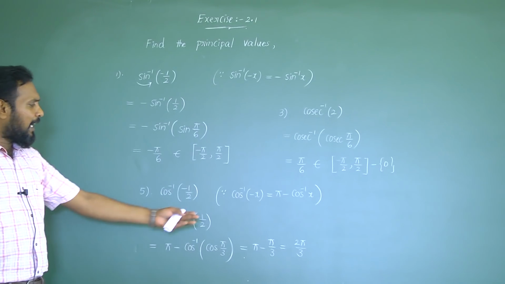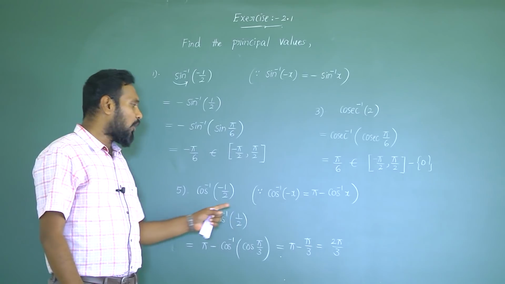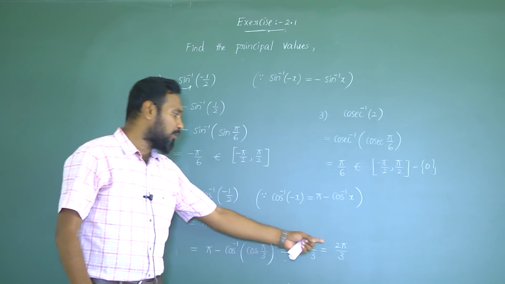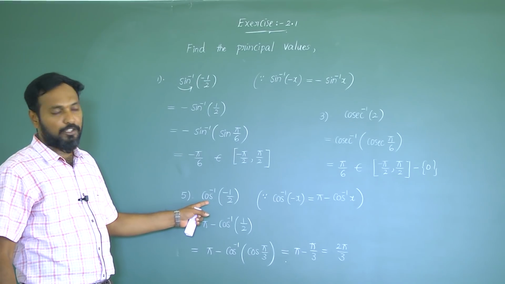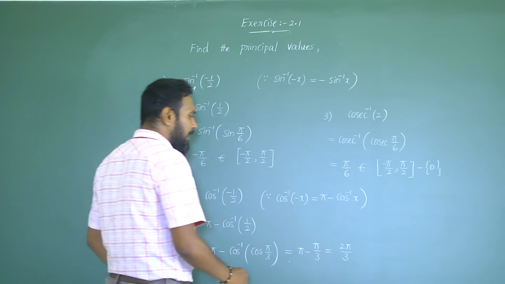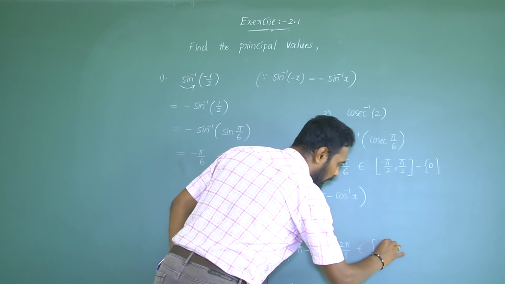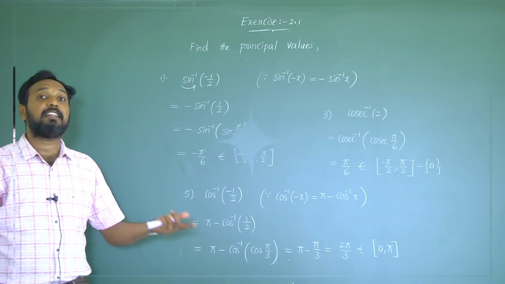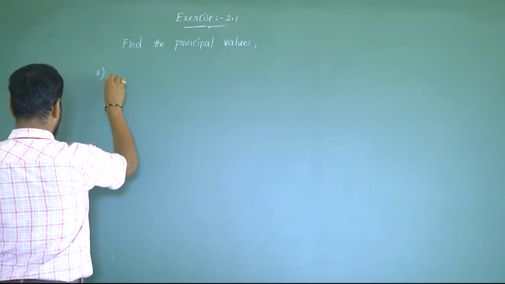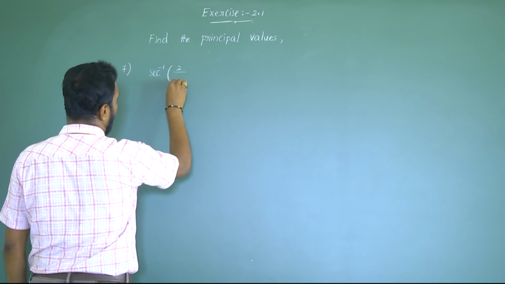Now to check whether this value is correct or not, this value should lie in the range of the given inverse trigonometric function. What is the range of cos inverse? Closed interval 0 comma pi, so the value you got is exactly correct. Next, secant inverse of 2 by root 3.